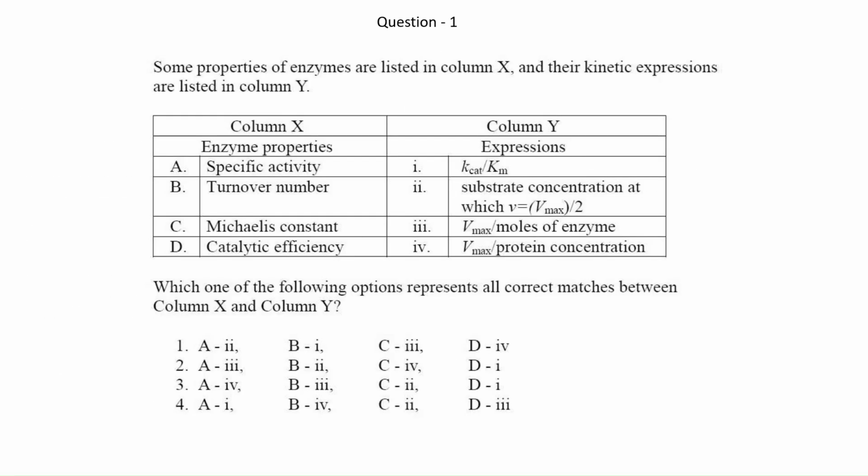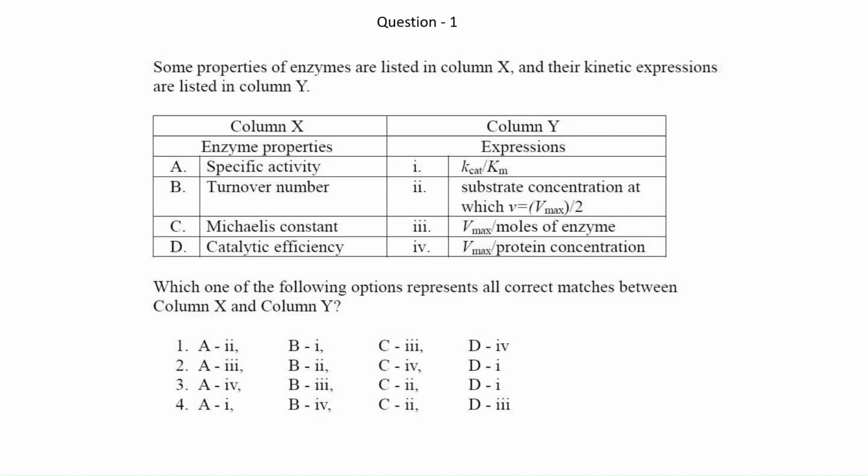Now, moving on to questions. So, question 1 is, some properties of enzymes are listed in column X and their kinetic expressions are listed in column Y. So column X has 4 enzyme properties: specific activity, turnover number, Michaelis constant, and catalytic efficiency.